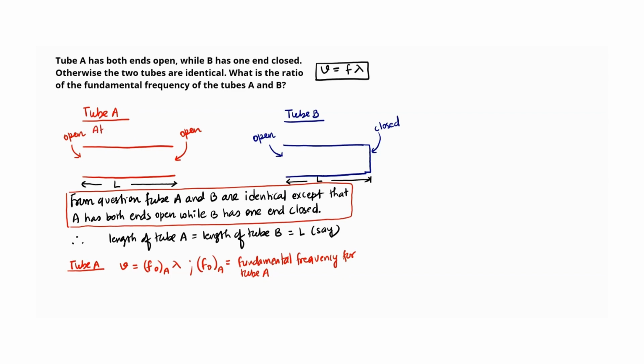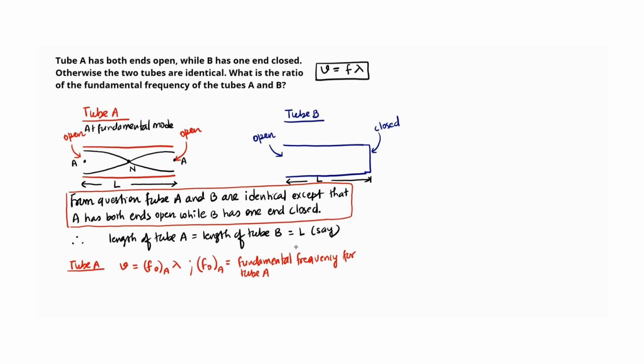Now, at fundamental mode, we always have an antinode at the open end and we have a node between two antinodes.